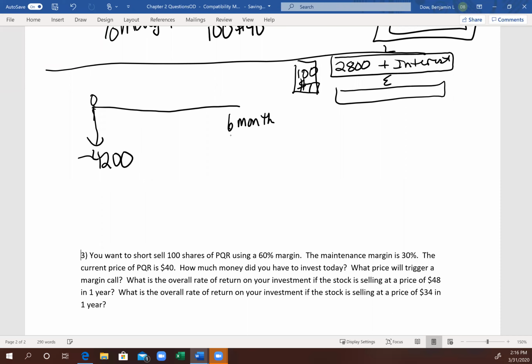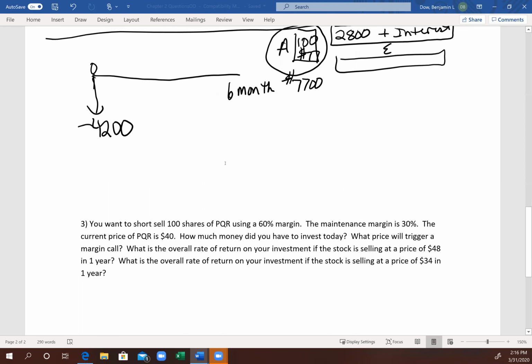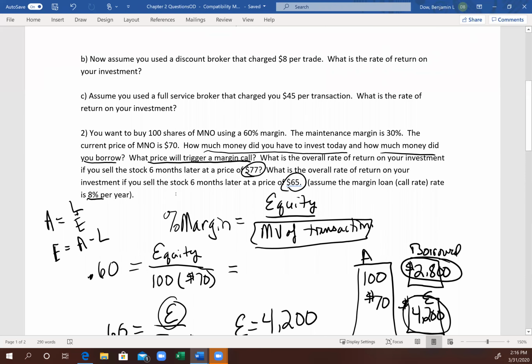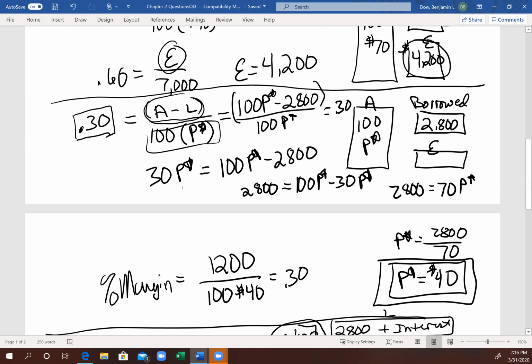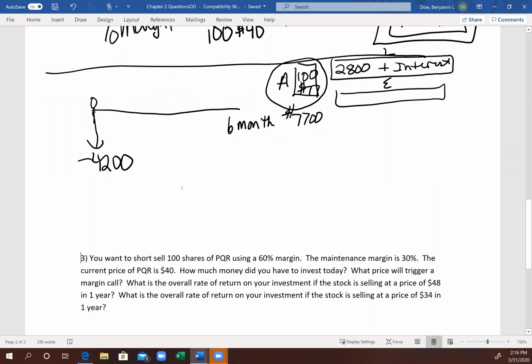So we know the value of the assets is $7,700 if the stock is trading at $77. If we're borrowing money at 8% a year, then after 6 months, we basically owe essentially half of that. There's 2 6-month periods in a year.